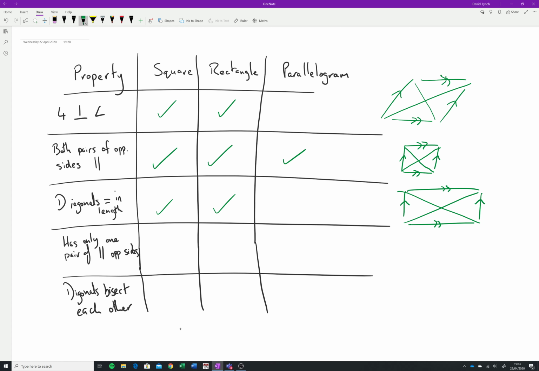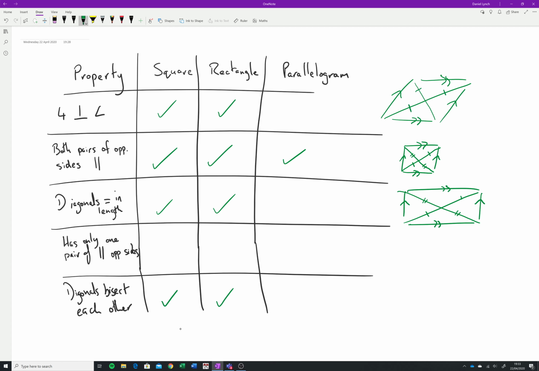And diagonals bisect each other, so that is to say that this length is that length. That's true for a rectangle. That is that length and that length is that length, and in fact all 4 are the same in a square, although it didn't ask us that. And it is also true for that.